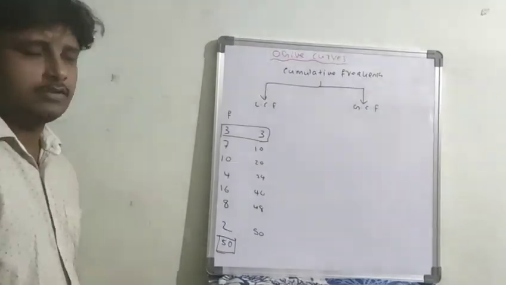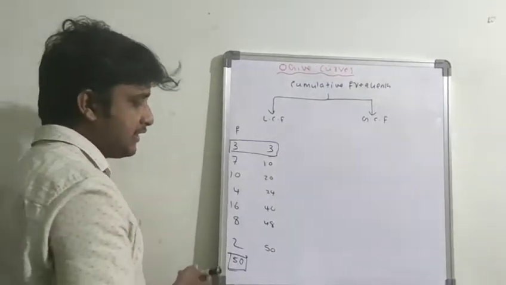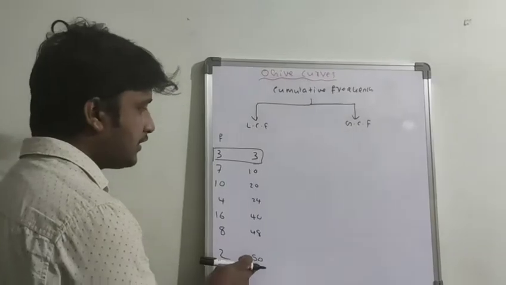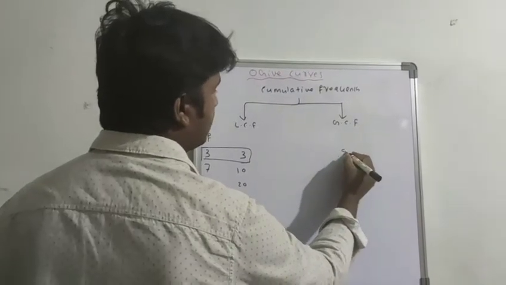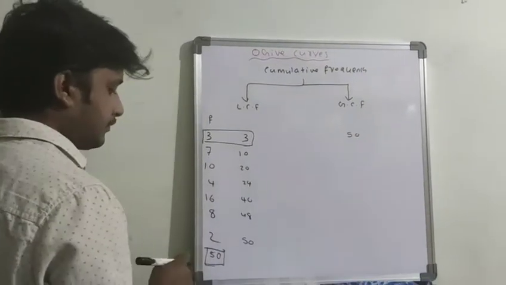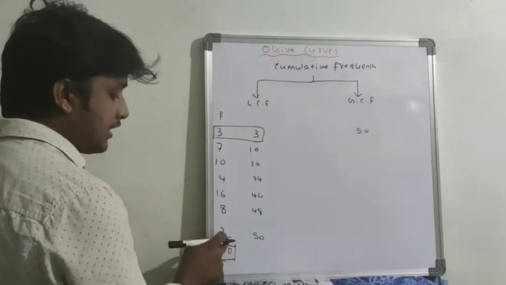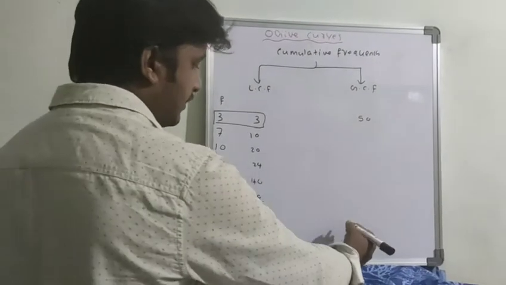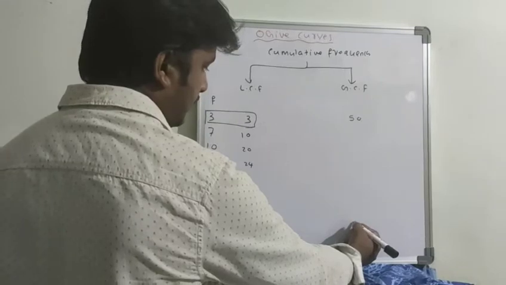That is the point. Let's come to the greater than cumulative frequency. It is descending order. We have to start with the total frequency, 50, and the last observation of the frequency and the greater than cumulative frequency are the same, which is 2.